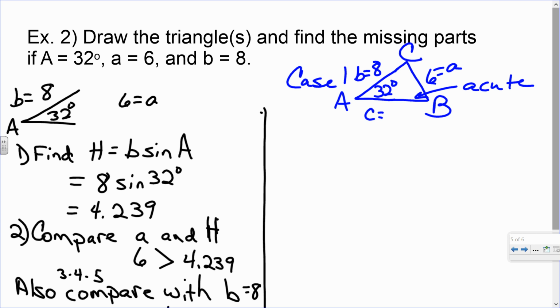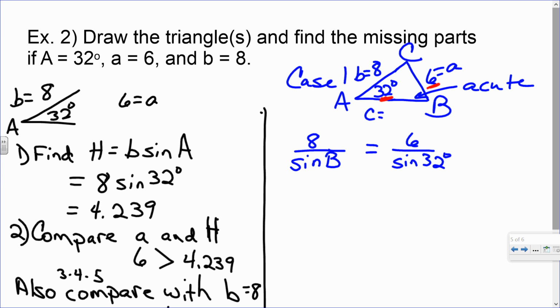Since I know the 32 and the 6, and they are across from each other, I start out with law of sines. So I am going to set this up that 8 over the sine of B is 6 over the sine of 32 degrees.